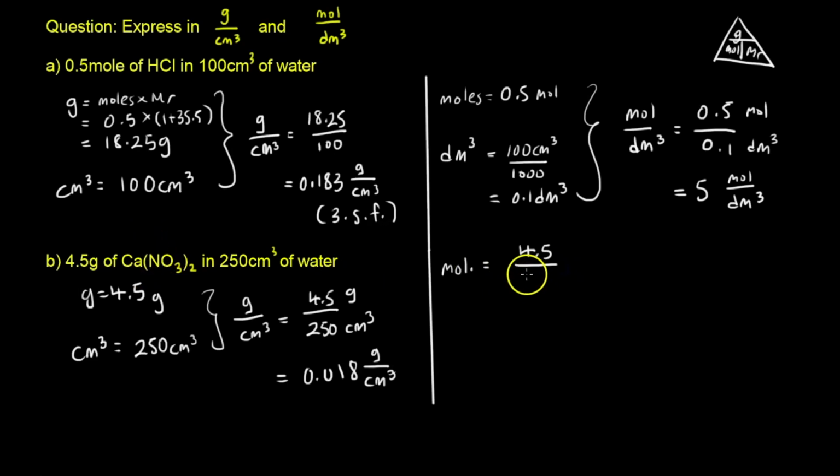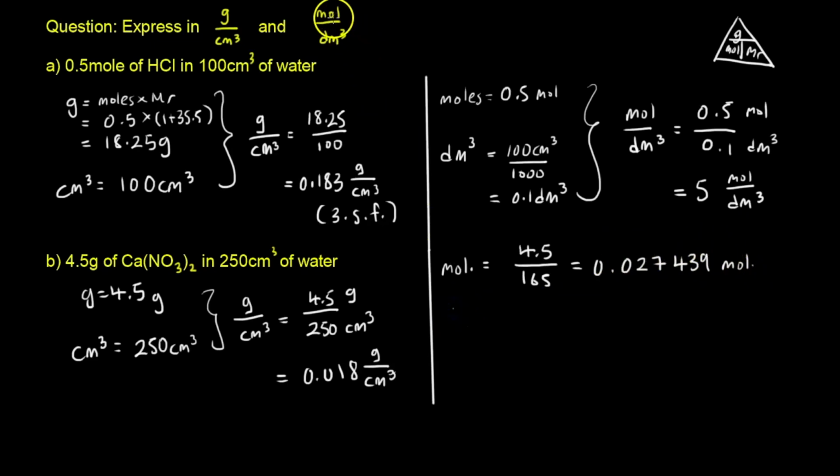It's actually 164. You have to individually find calcium, nitrogen, and oxygen, and then find their respective Mr. This gives me a weird number, so I just have to round off: 0.027439 moles. 5 SF for now is enough.